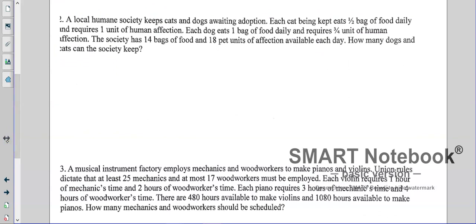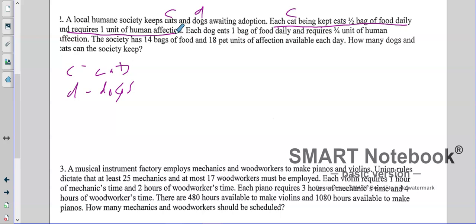Number two, a local humane society keeps cats and dogs. So again, you could do X and Y, C and D, whatever. Okay? I'm going to say we'll do that this time. C is for cats, and D is for dogs. Okay? It says each cat gets a half a bag of food daily and 1 unit of human affection, whatever that means.